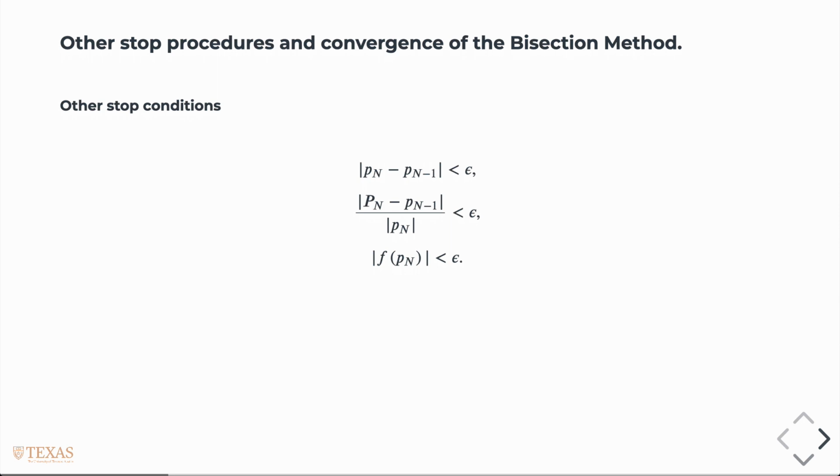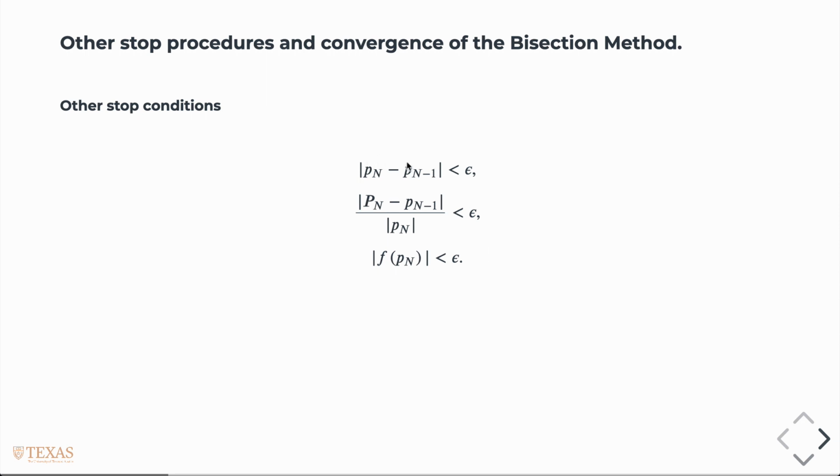So there's several stop conditions we talked about. One being that we could check to see if the functional evaluation at the point P is identically 0, or check that the bisection itself, so B minus A divided by 2, is less than some tolerance.